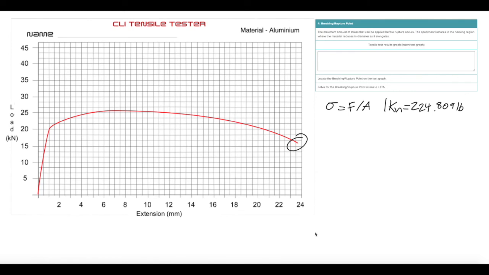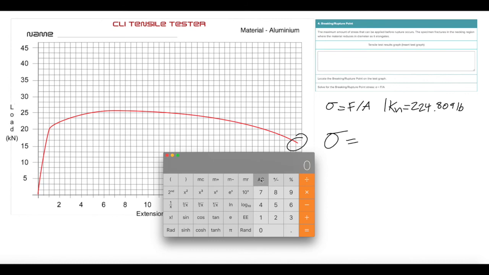Just like with the last 2, we're going to take that number and use it as our force. So let's fold this back. It looks like that's going to give us a 16. I'm going to use 16, it's close enough. So I'm going to use 16 kilonewtons. However, I need to convert it over to pounds.